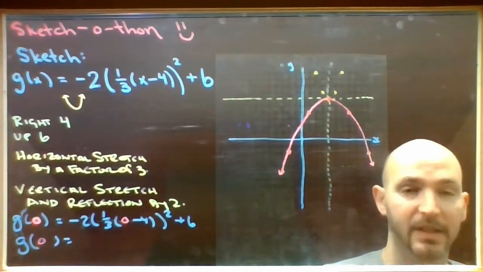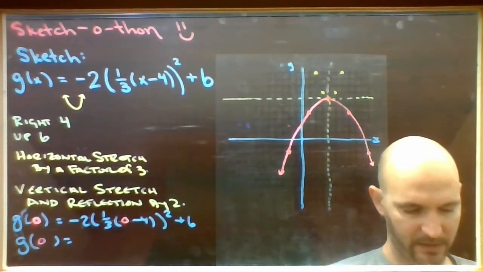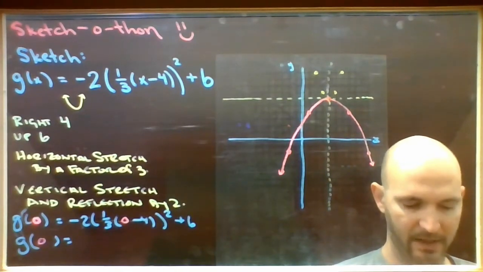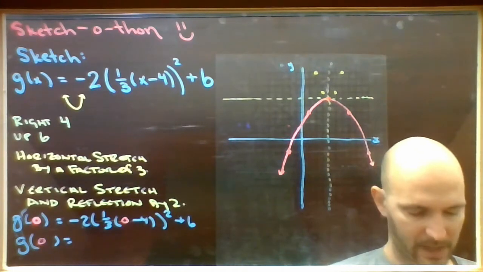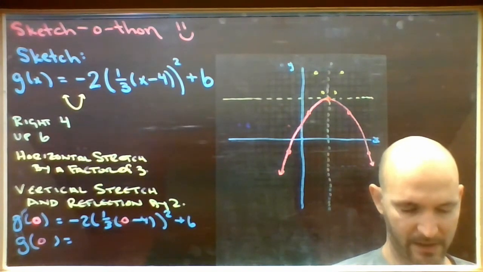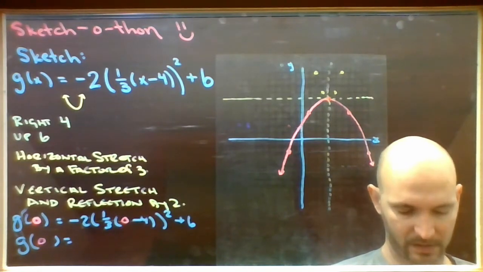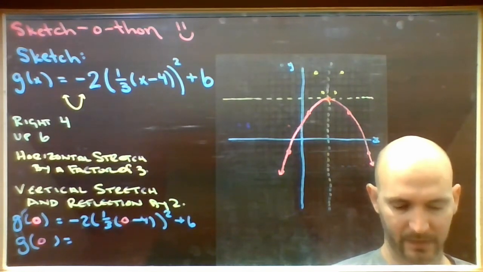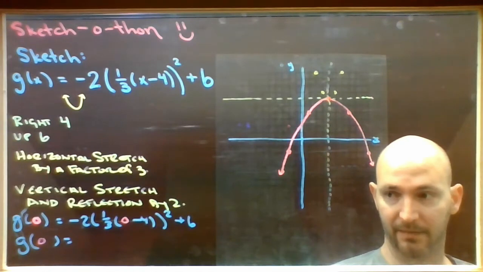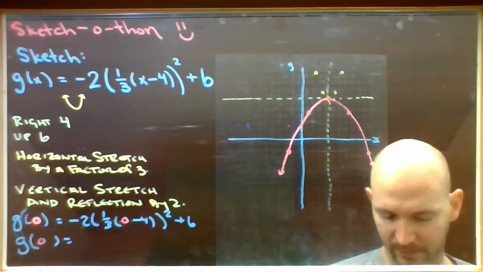So executing these operations in the correct order, 0 minus 4 is negative 4 times 1/3. It's negative 1.3333. Square it. It's 1.777 times negative 2. It's negative 3.5555 plus 6. So a total of 2.44.